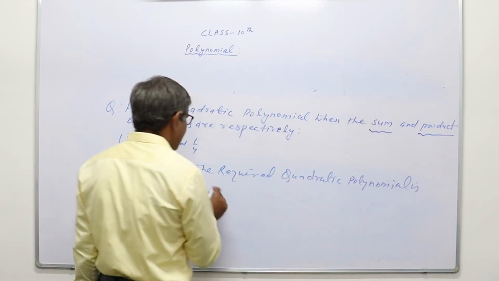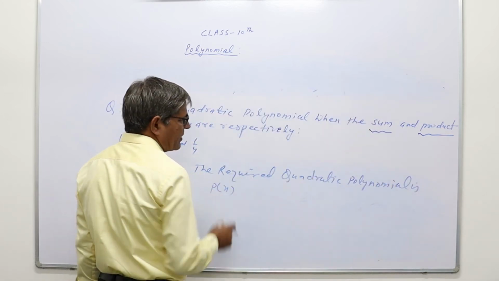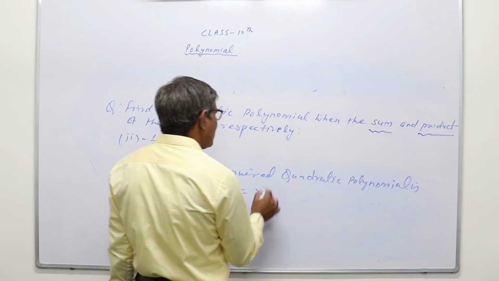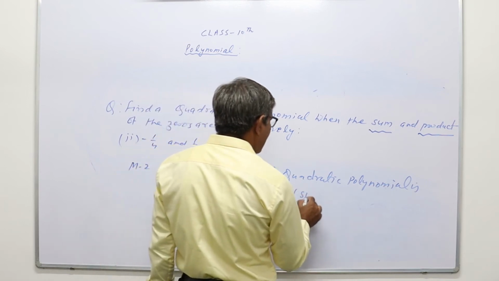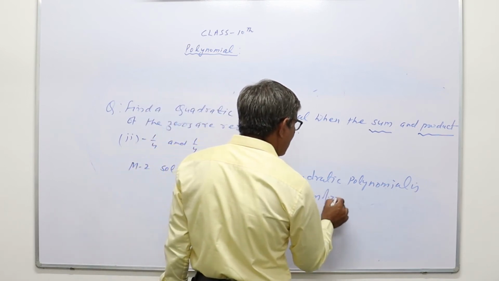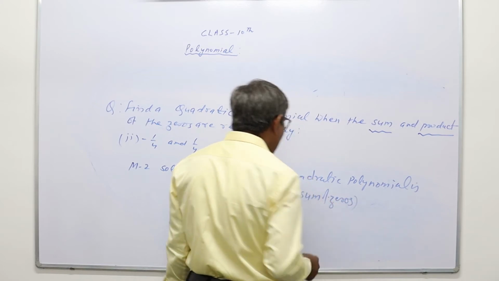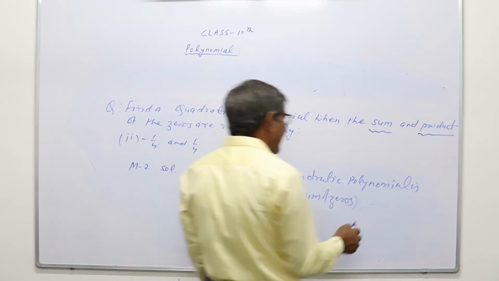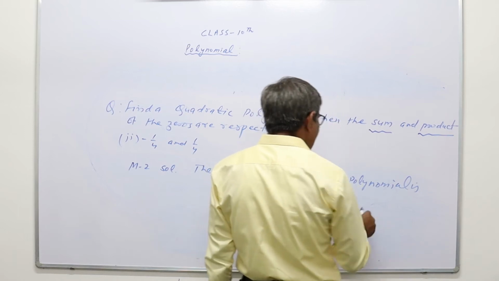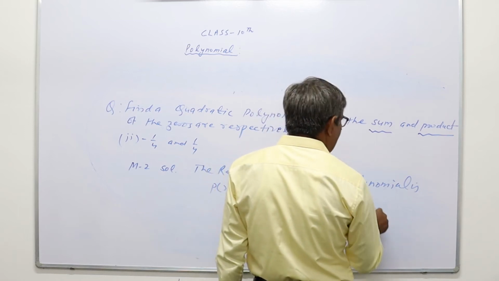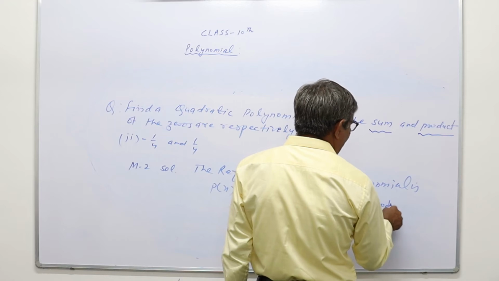is, let p(x) equal x square minus x into sum of zeros plus product of zeros. This is the direct formula, which we also derived in the last video.